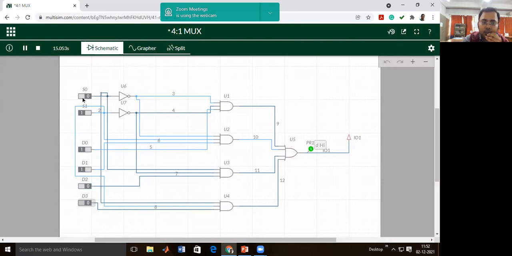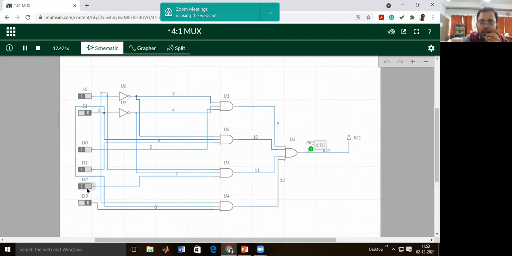Now the select line is 1, 0. As per the theoretical knowledge, the D2 should be connected. Currently the D2 is equal to 0 and output is 0. Let's change it. D2 is 1, output is 1.